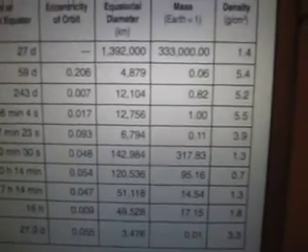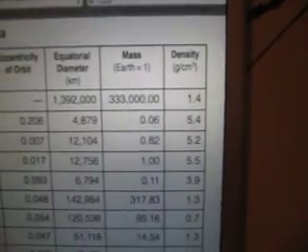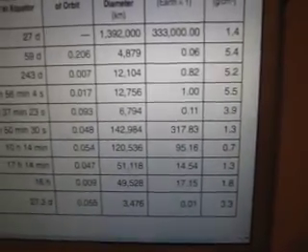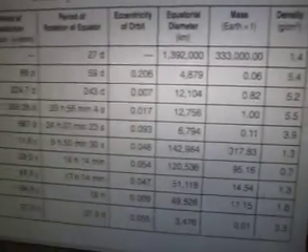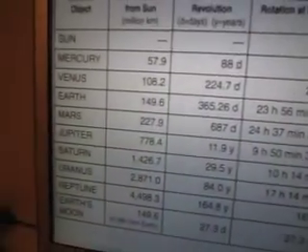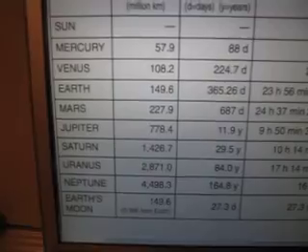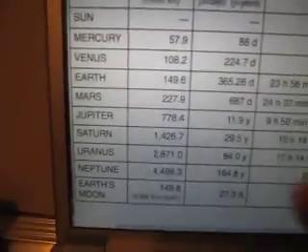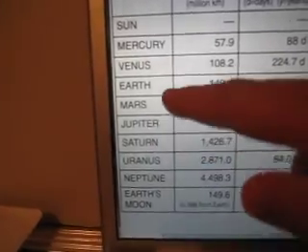Of course, you should also look at density for a planet. And so here we can really see evidence that goes along with the terrestrial planets being rocky and solid in composition, whereas the Jovian planets are gaseous.